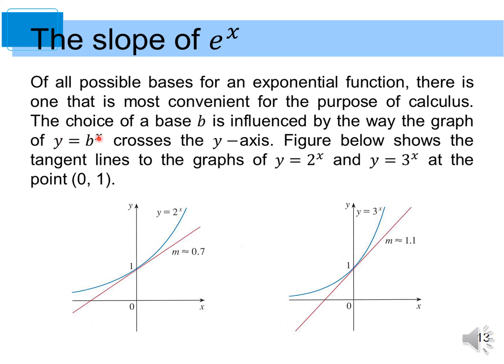The choice of a base b is influenced by the way the graph of y equals b to the power x crosses the y-axis. The figure below shows the tangent line to the graph of y equals 2 to the power x and y equals 3 to the power x at the point (0, 1).